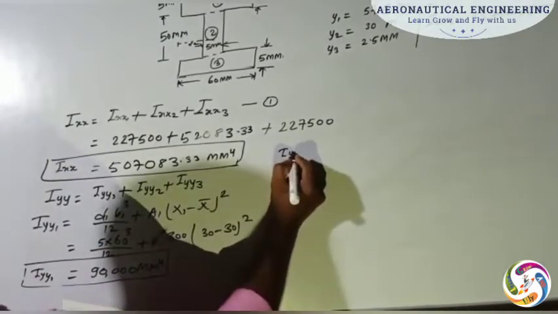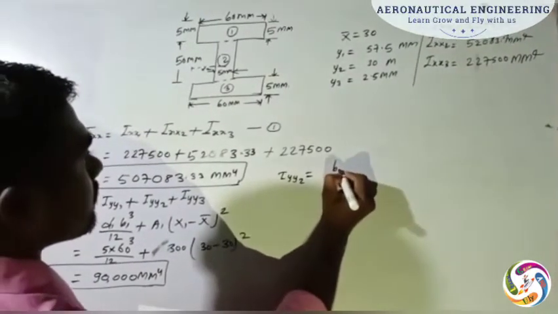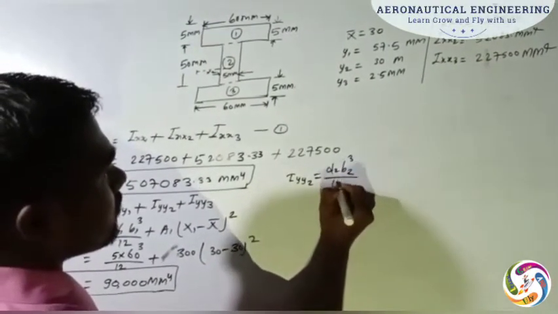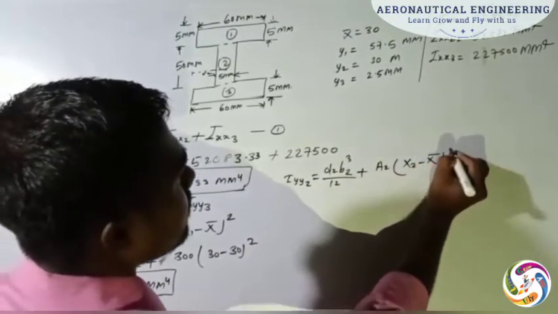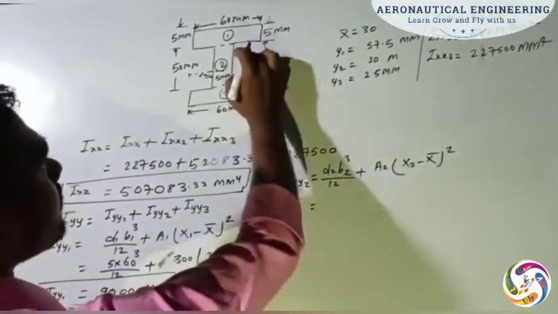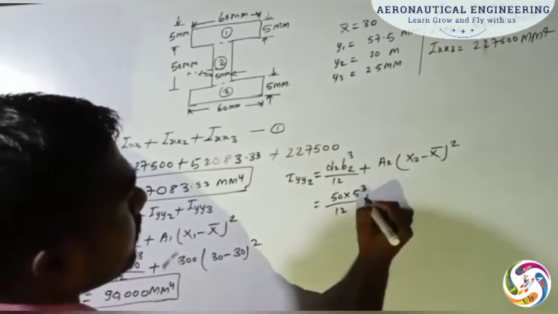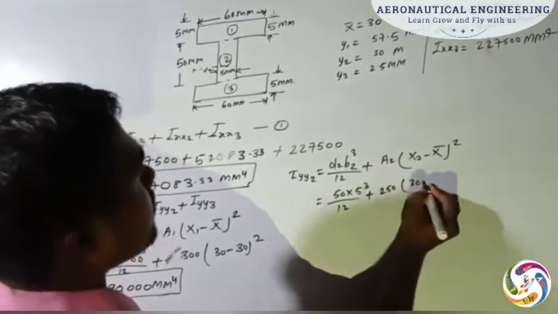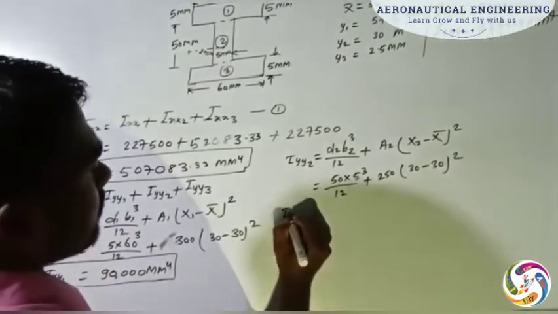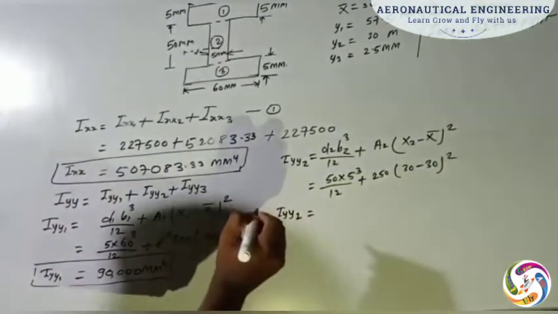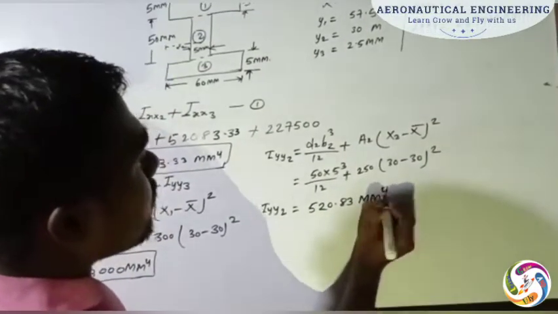Similarly, Iyy2 for the second section, plus A2 (x2 minus x bar) whole square. So d2 value for the second section is 50, b2 value is 90 upon 12 plus A2 is 250, x bar 30 minus 30. So this portion again becomes 0. By calculating this we get Iyy2 value 520.83 mm power 4.